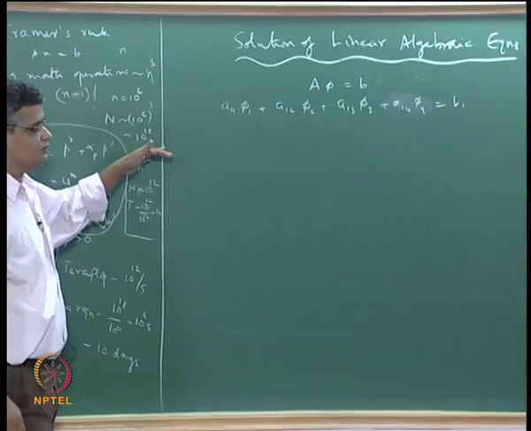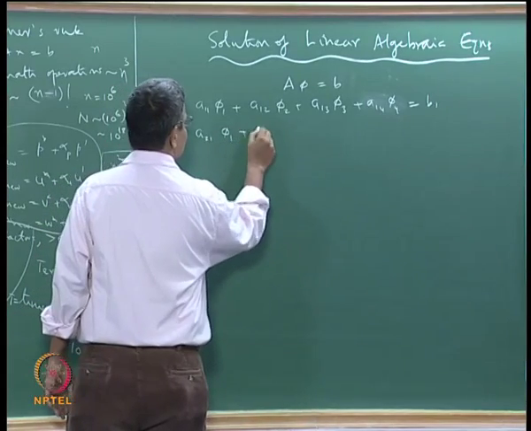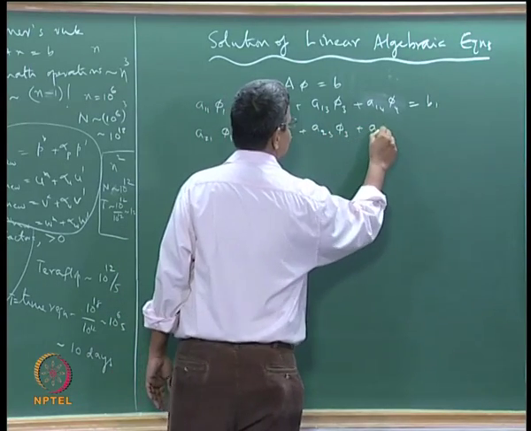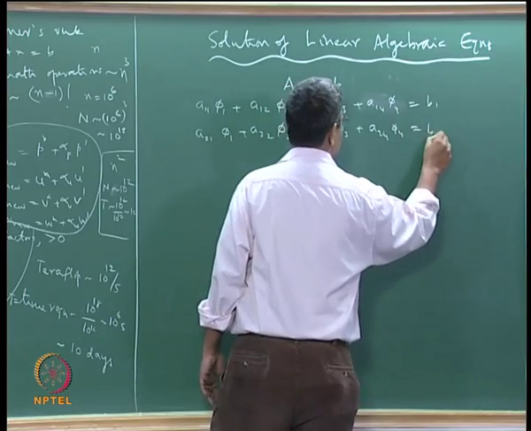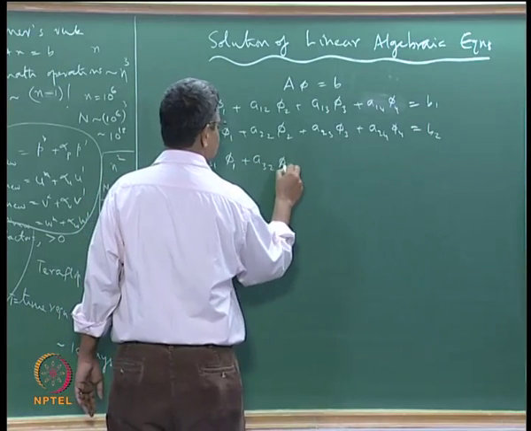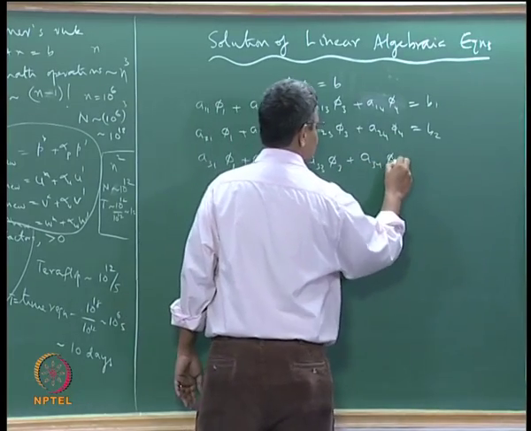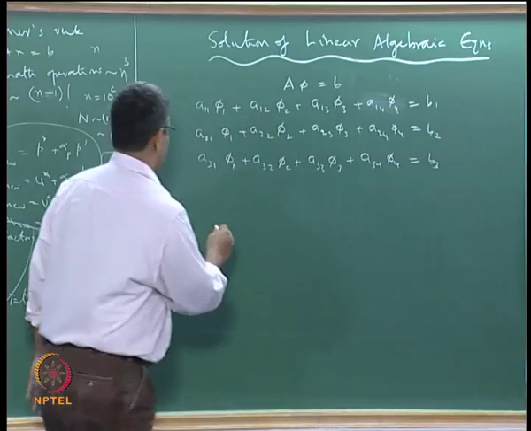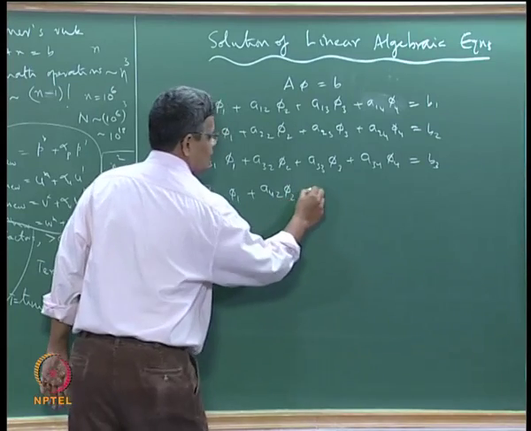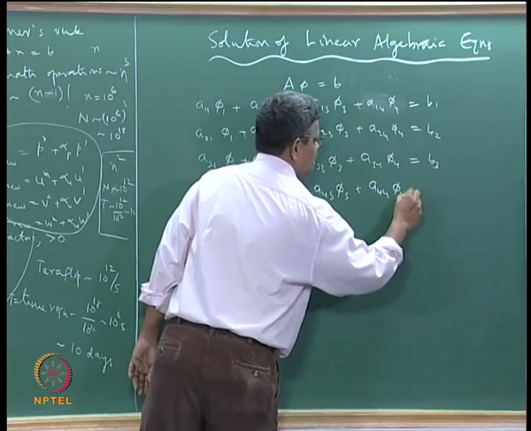So we are looking at a system of 4 equations and 4 unknowns: a21 phi 1 plus a22 phi 2 plus a23 phi 3 plus a24 phi 4 equal to b2, and a31 phi 1 plus a32 phi 2 plus a33 phi 3 plus a34 phi 4 is equal to b3, and a41 phi 1 plus a42 phi 2 plus a43 phi 3 plus a44 phi 4 equal to b4.